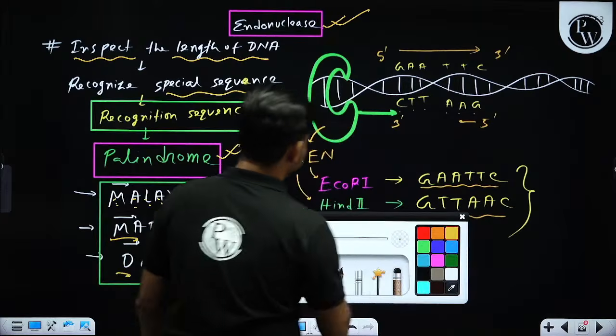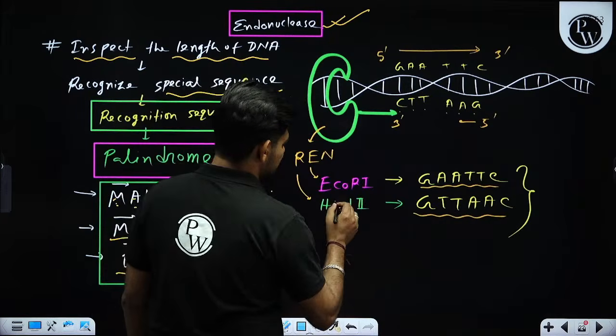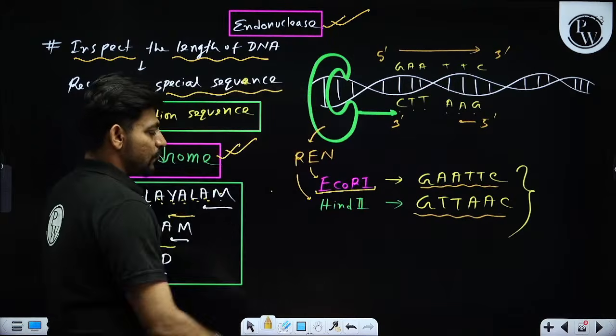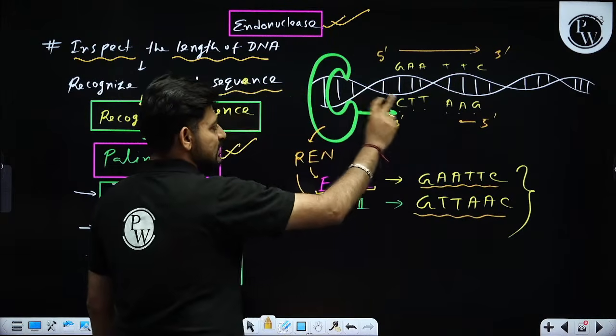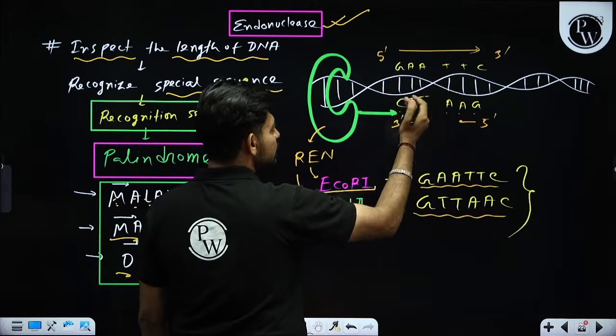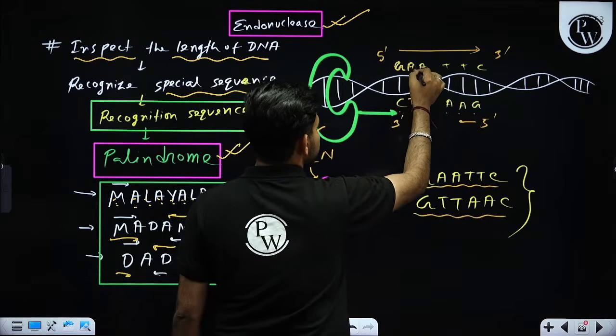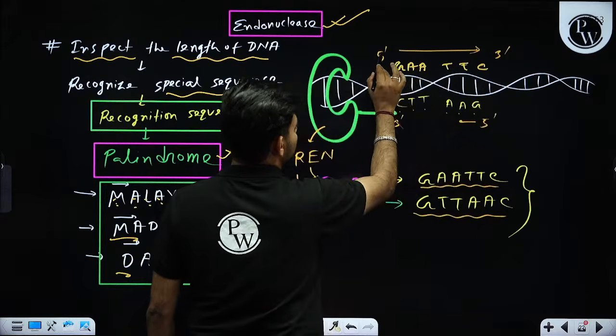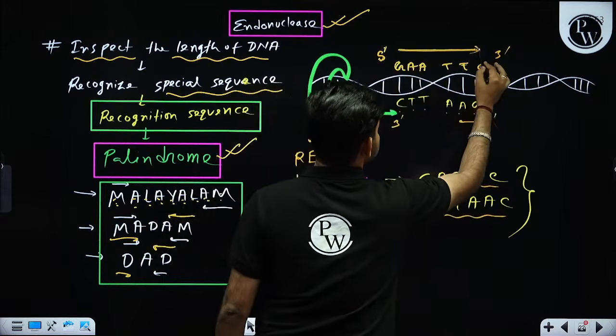Now for E. coli bacteria, there is a restriction enzyme called EcoR1, and for EcoR1 the restriction site, or the palindromic site, is GAATTC from 5' to 3' direction.